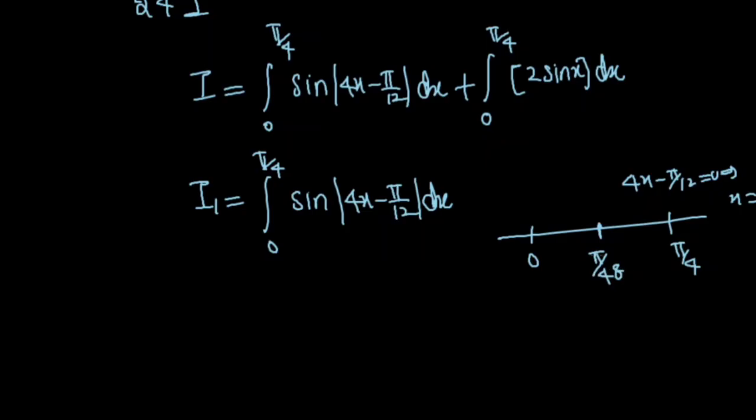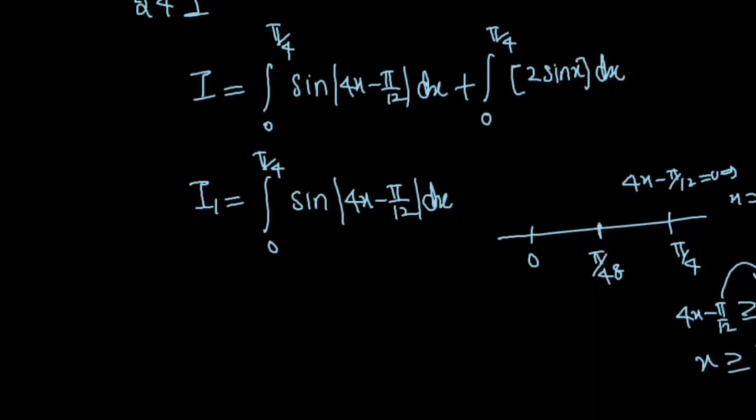Okay, so now inside the modulus, try to make it greater than or equal to 0. That means x is greater than or equal to pi by 48, right? Pi by 12, send it to the right side, 4 send it to the right side, pi by 48. That means x is greater than or equal to pi by 48.